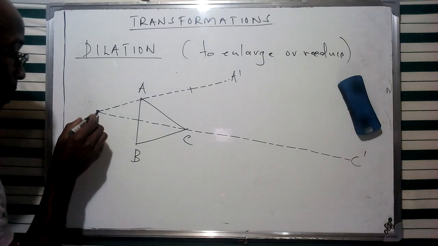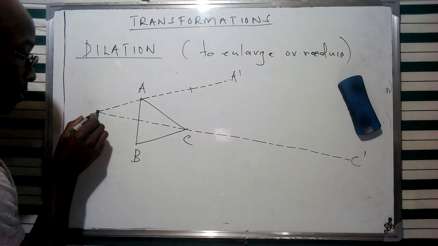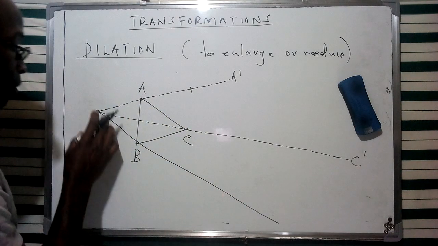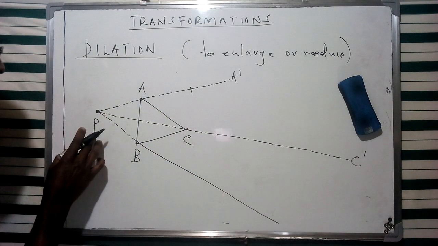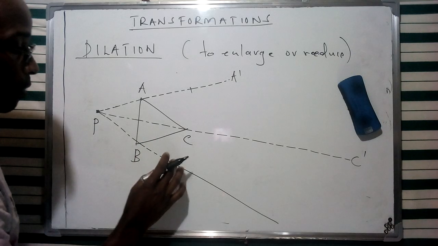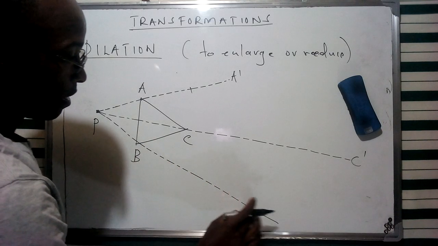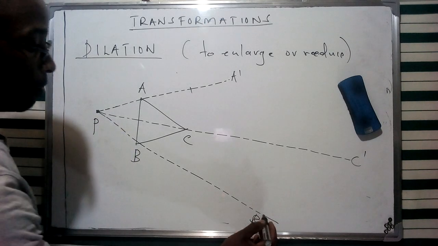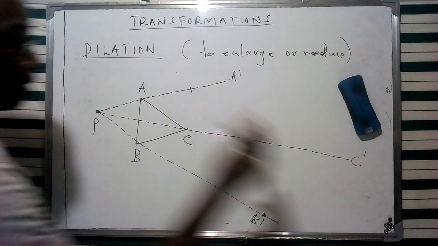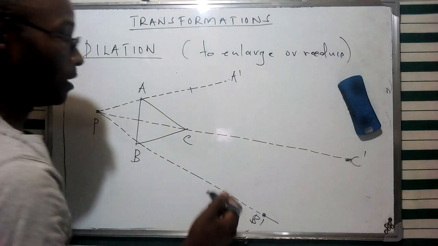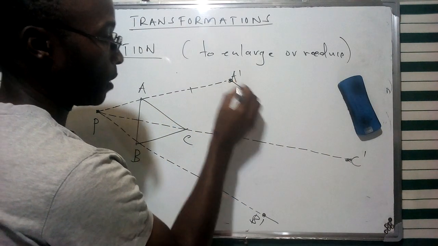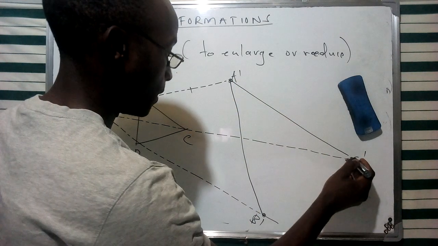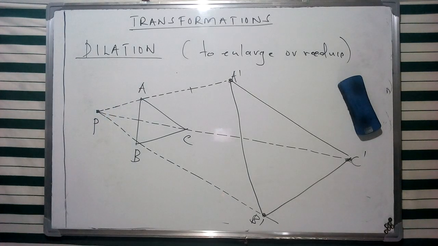And lastly, I'm going to perform another translation. This is going to be 3 times the distance between B and P. So we presume the first one ends there, and I'm going to have this B prime at this specific point. For me to obtain the image of this process of dilation, I'm going to join these vertices A prime, C prime, B prime to obtain that specific image.